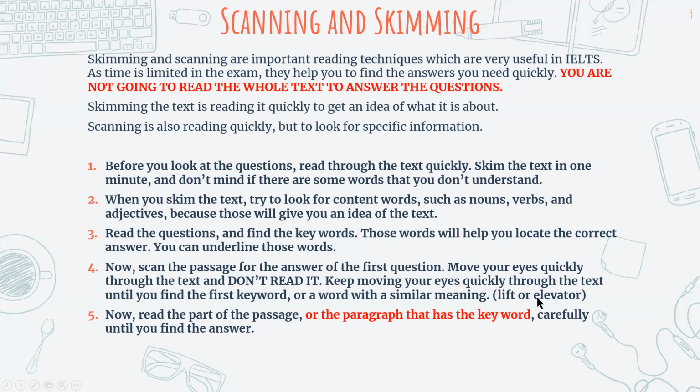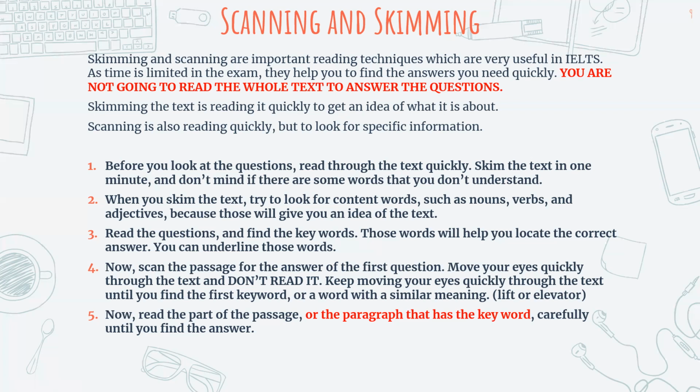The text could say elevator, which means the same thing. Now read the part of the passage or the paragraph that has the keyword carefully until you find the answer. We will talk about that more.